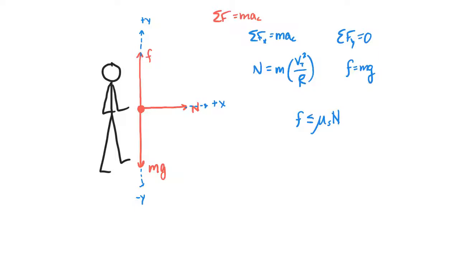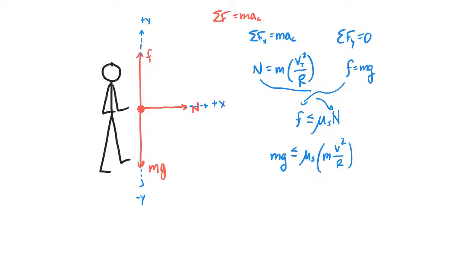If you want to make sure you understand the direction of your inequality, what should be bigger, what should be smaller, I would encourage you to preserve your inequality, and to do so, substitute into the inequality. So I'm going to put mg where friction is, mu, and then m v squared over r for the normal force. This way I preserve the inequality.